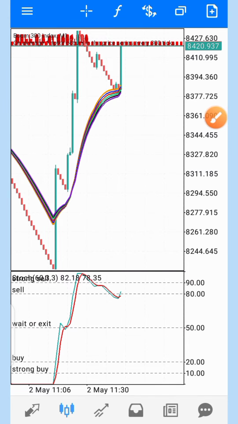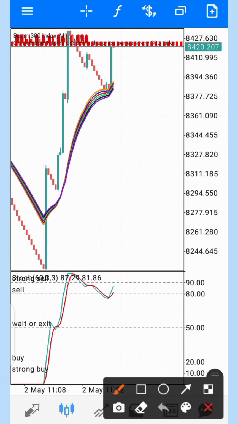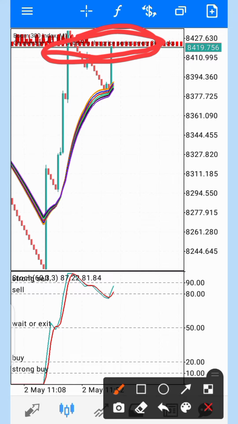That is enough. So you can see the spike happen now. It only goes back to where I entered from. It doesn't send me out. Spike will surely happen, but it never sends me out of the market.